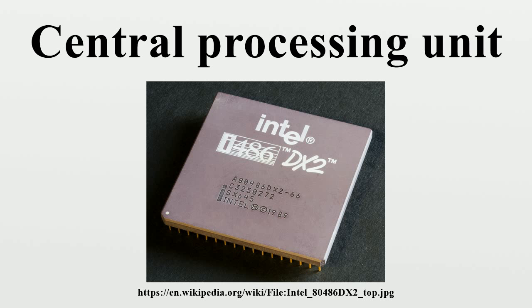Some instructions manipulate the program counter rather than producing result data directly. Such instructions are generally called jumps, and facilitate program behavior like loops, conditional program execution, and existence of functions. In some processors, some other instructions change the state of bits in a flags register.